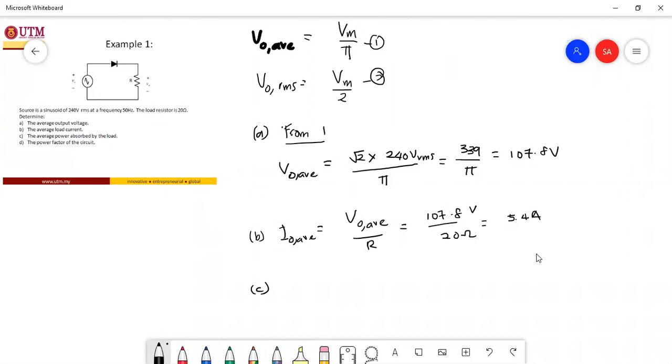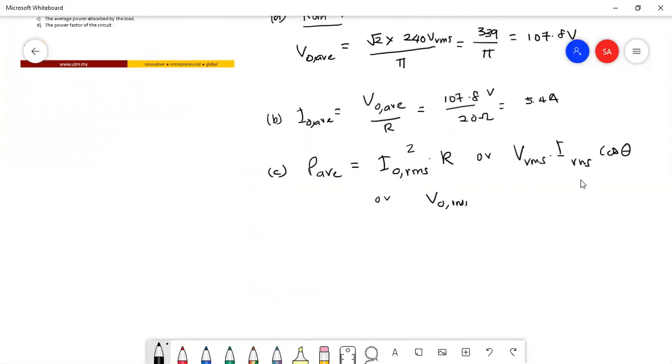This needs to be carried out carefully because most students get confused about which equation to use. Recall that for P average, always use I out RMS squared times R, or V out RMS squared over R. For my solution here, I am using the first formula.